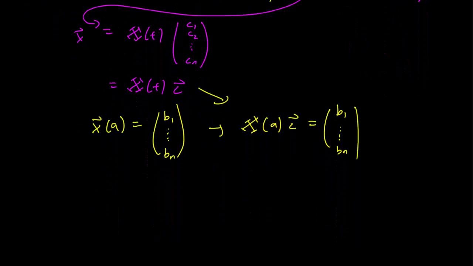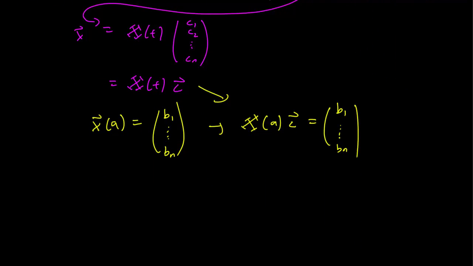This is another way to solve our matrix equation. And remember that for solving initial value problems, we need to figure out what the constants c1, c2, and cn are. So our goal in our initial value problem, as it is always, is to solve for c. Figure out what the constants c1, c2, c3, cn are.